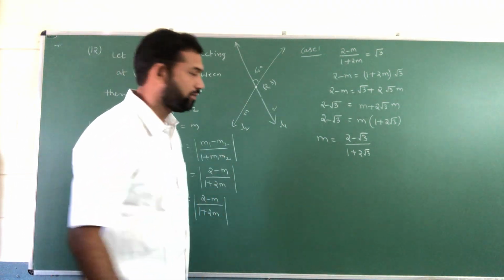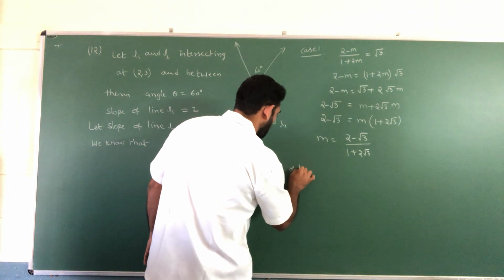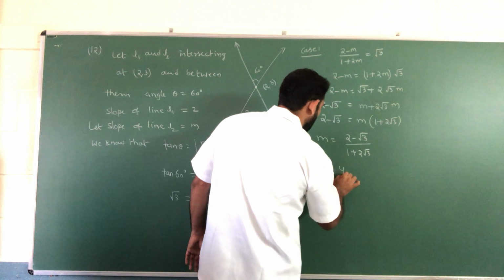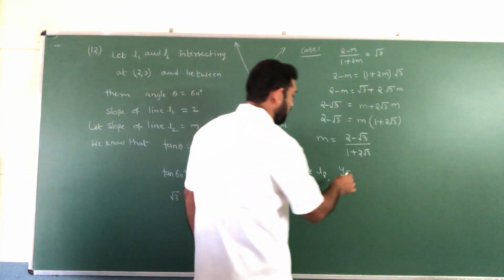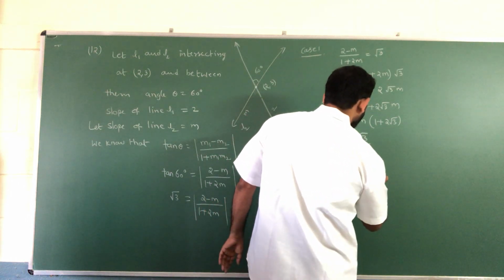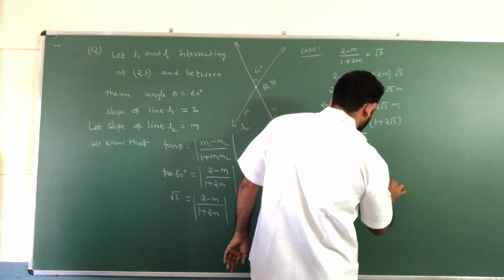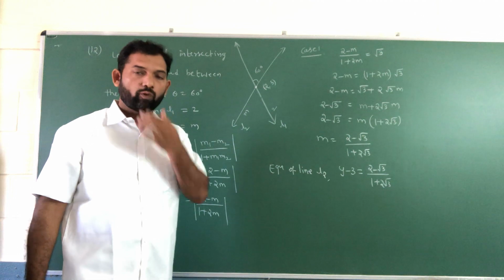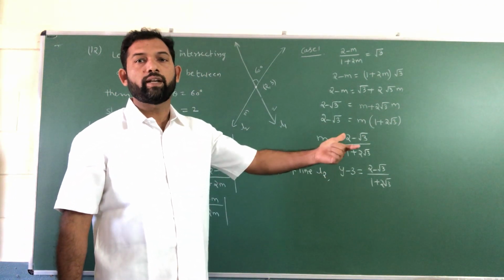Then you write the equation of line L2. The point is (x1, y1), so y minus 3 is equal to the M value, (2 minus root 3) divided by (1 plus 2 root 3), times (x minus 2). What is our formula? The slope-point formula: y minus y1 equals m into (x minus x1).